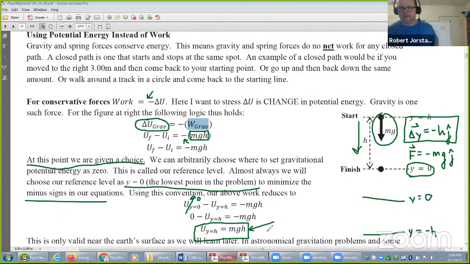All right, now more on that later, but any questions about what I'm showing you here so far? Again, it's just like coordinate systems. You can call 0 wherever you want, and you call the lowest point in a problem 0, so that all the other heights, to get the gravitational potential energy, it's just mg times the height above 0. Notice the subtle difference. Okay, let me just write this on the board.